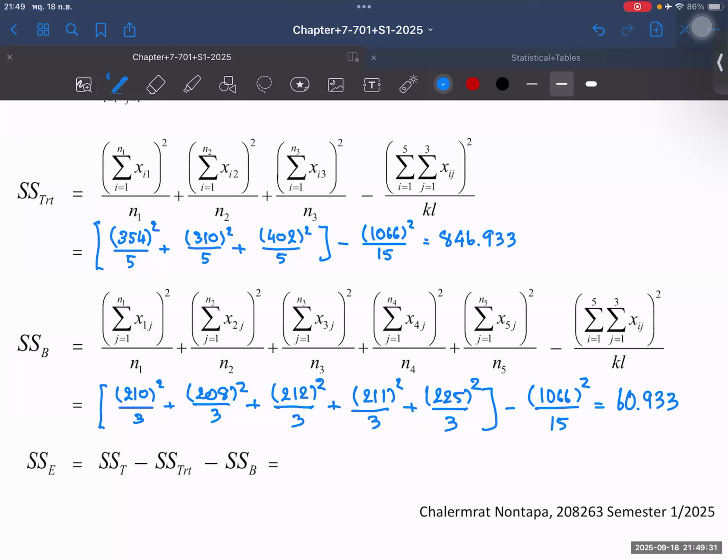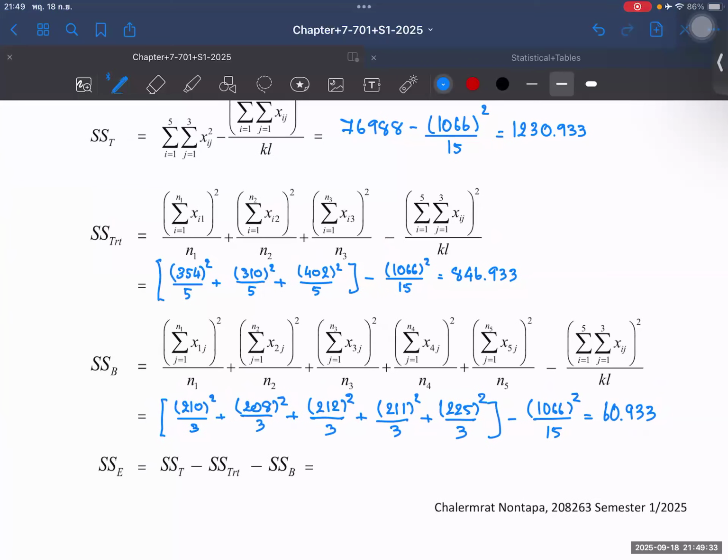And we calculate the sum of squares error: 1230.933 minus 46.933 minus 60.933 again.